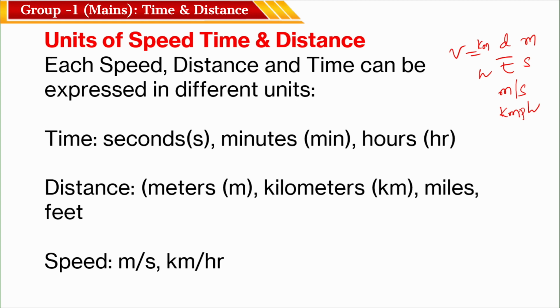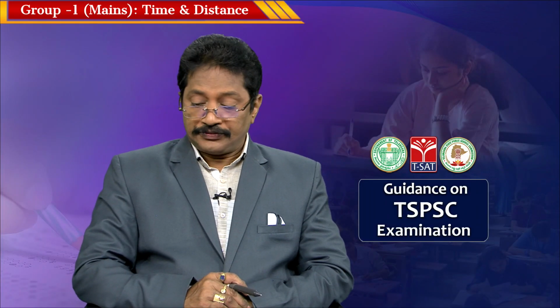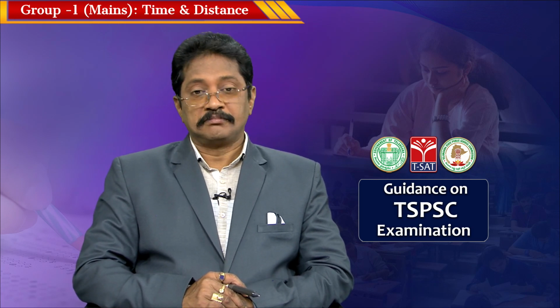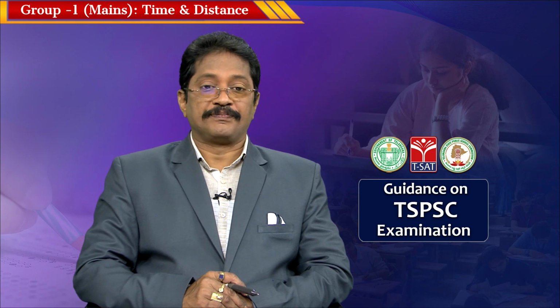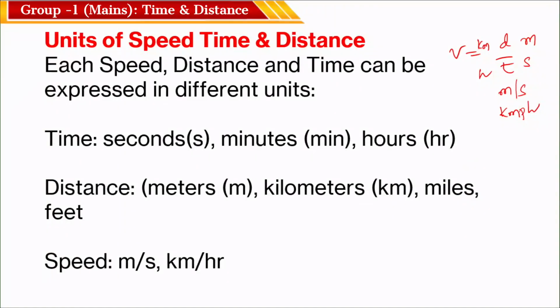So speed, distance and time can be expressed in different units. Generally, time can be measured in seconds, minutes and hours. Distance can be measured in meters, kilometers, miles, feet, yards. The most frequently used units are meters and kilometers, and speed is measured in meter per second and kilometer per hour.